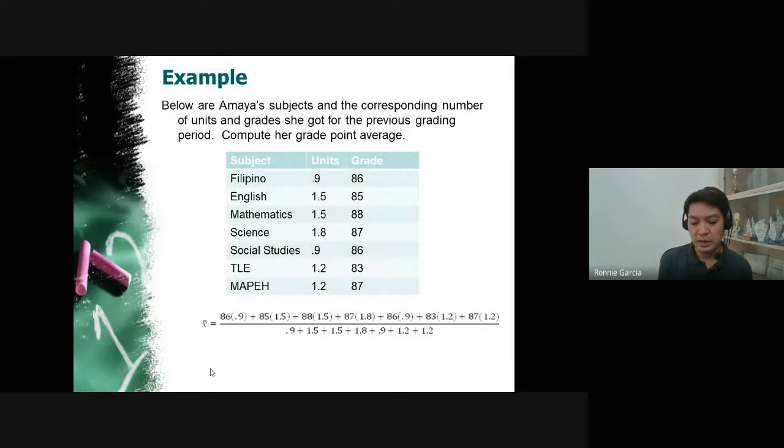You have to calculate. No answer? I-calculate na ninyo. It is advisable that you use calculator, especially that our subject is all about computations, kaya para our time will not be wasted.